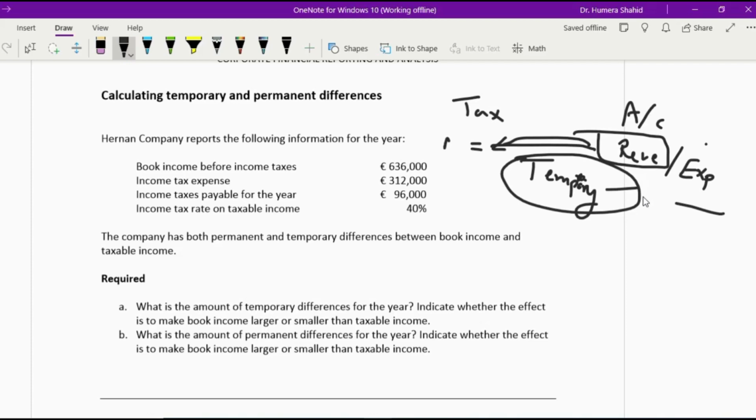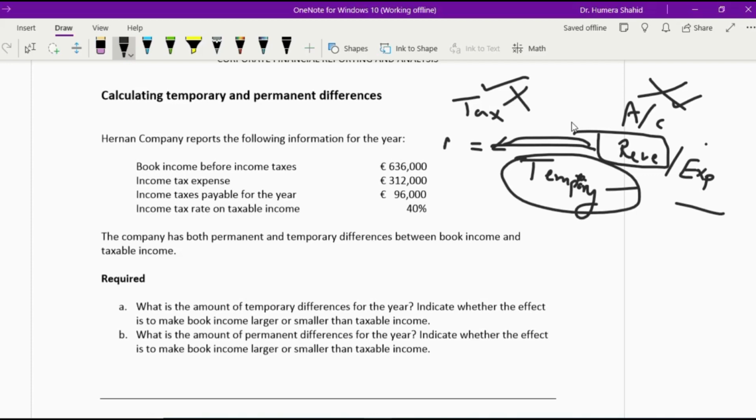There are some differences which are permanent in nature. It means that they affect, for example, the accounting books, but they never affect the tax books, or they affect the tax books but they never affect the accounting books. So they do not give rise to the deferred tax asset and deferred tax liabilities. This was the one main topic which we have discussed in chapter number 15.